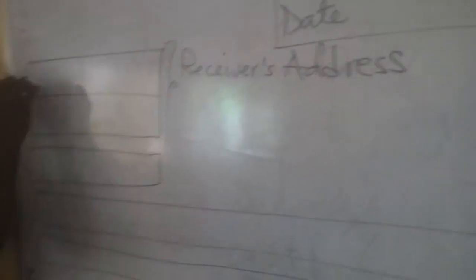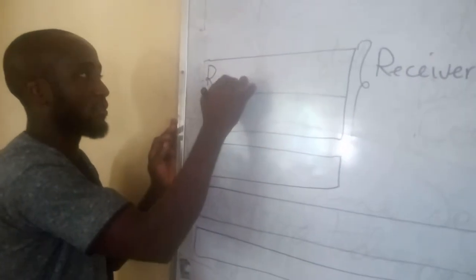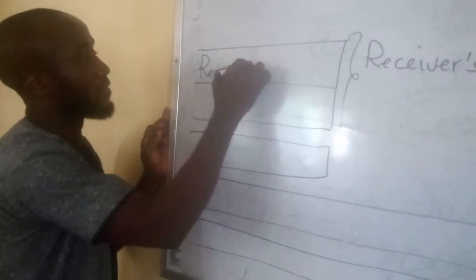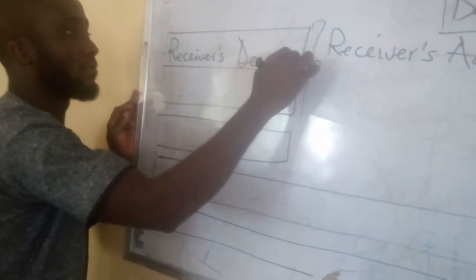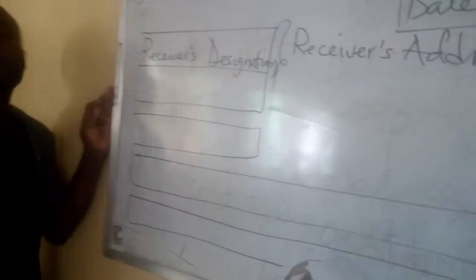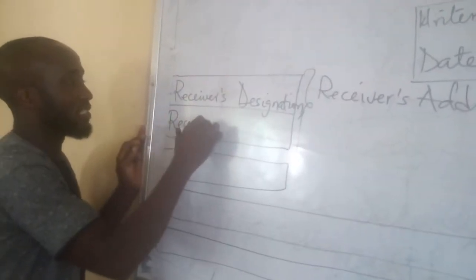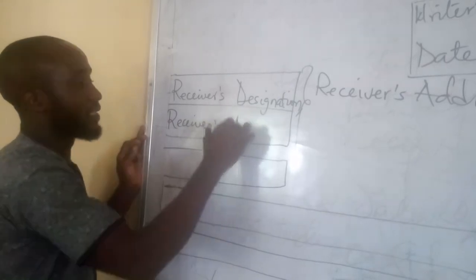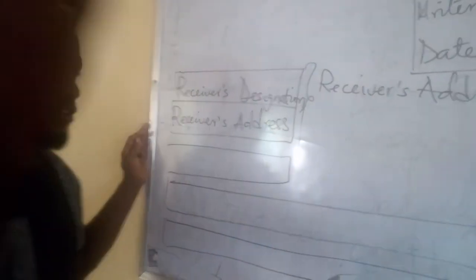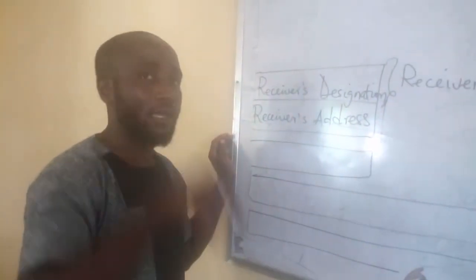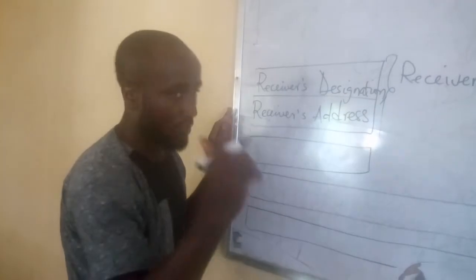The first part is usually the receiver's designation, and then you break it with a comma. Then the second part will be the receiver's address, that is the office, or the point where you can mail the receiver. We'll come to that too.